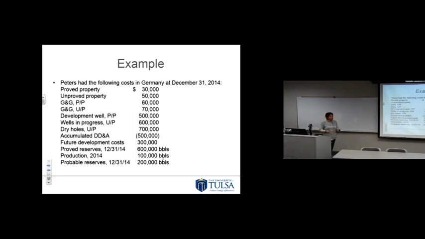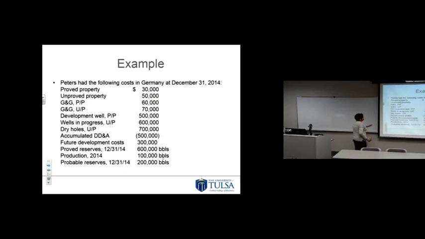We have a development well on proved property, $500,000. We have a well in progress on unproved property. That means it's exploratory because it's unproved property. That's $700,000. And from past periods, we've got accumulated DD&A, our negative asset, of $500,000.